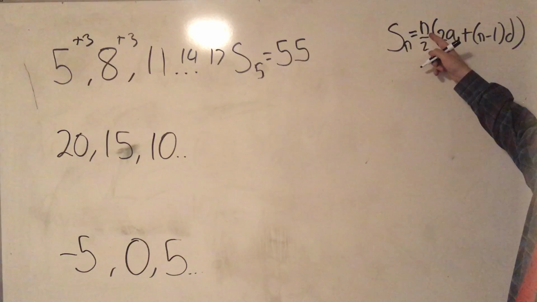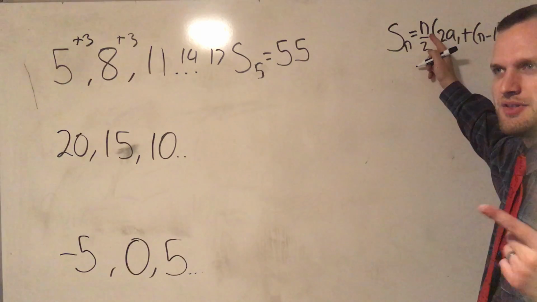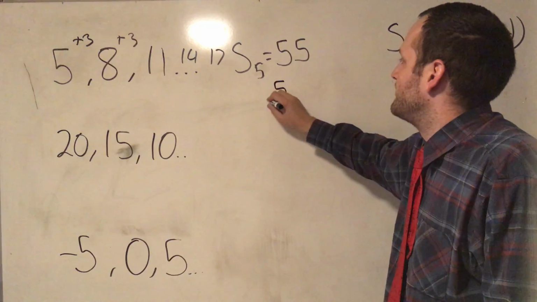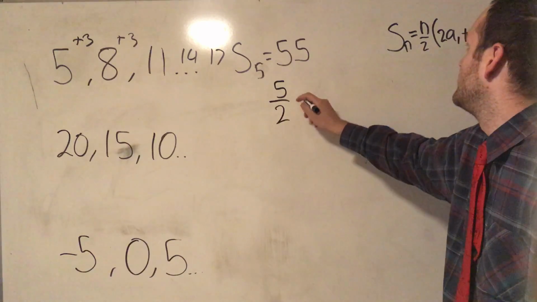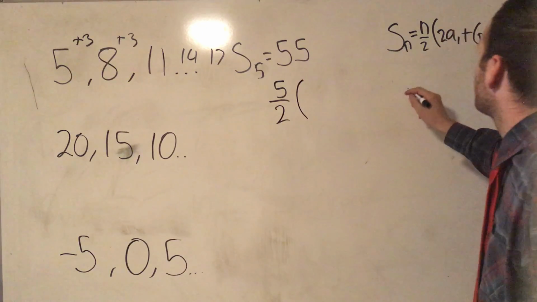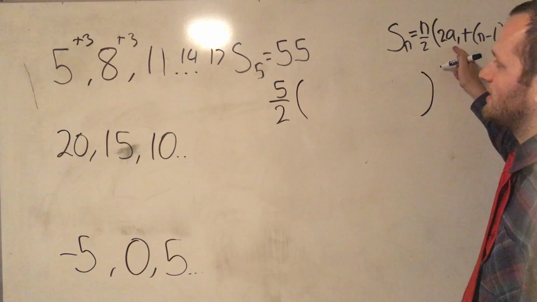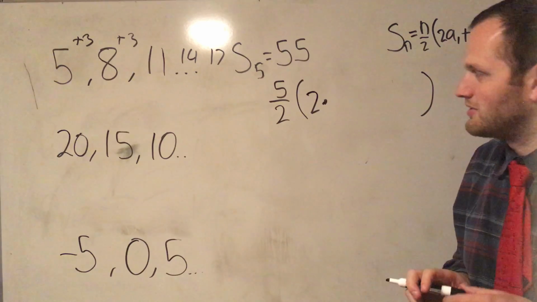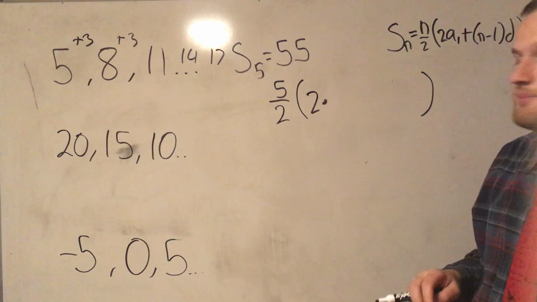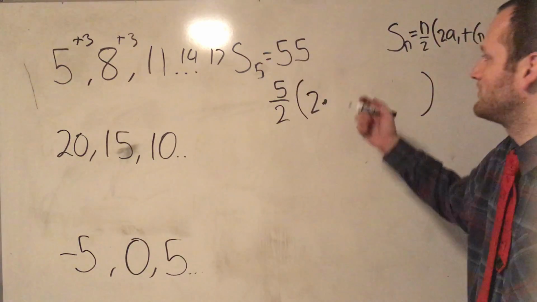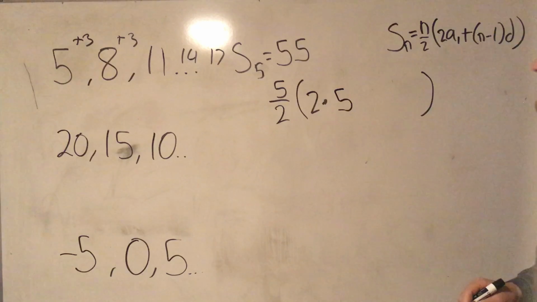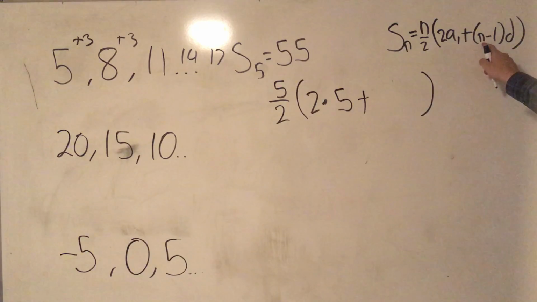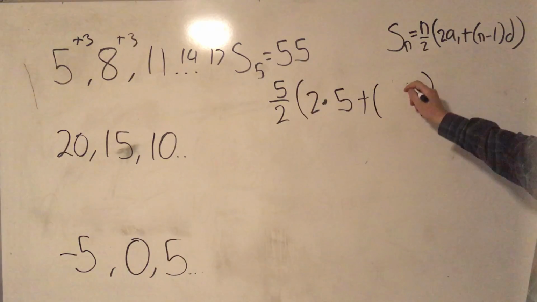My n, what does n represent? Well, that's the number that I'm looking for. It was the 5th number. So I've got 5 over 2, then parentheses, 2 times a sub 1. What does a sub 1 represent? Oh, it's the first term. So if you look over here, 5 was my first term, plus, we've got n again inside parentheses.